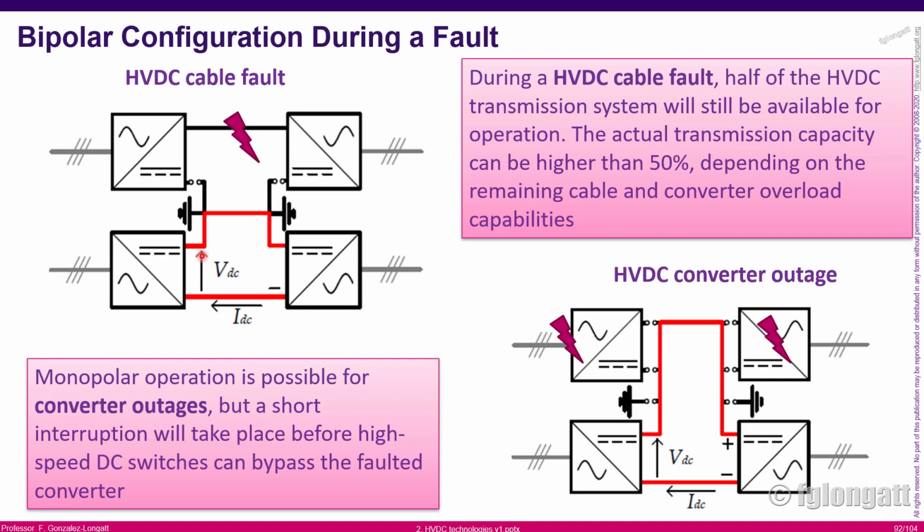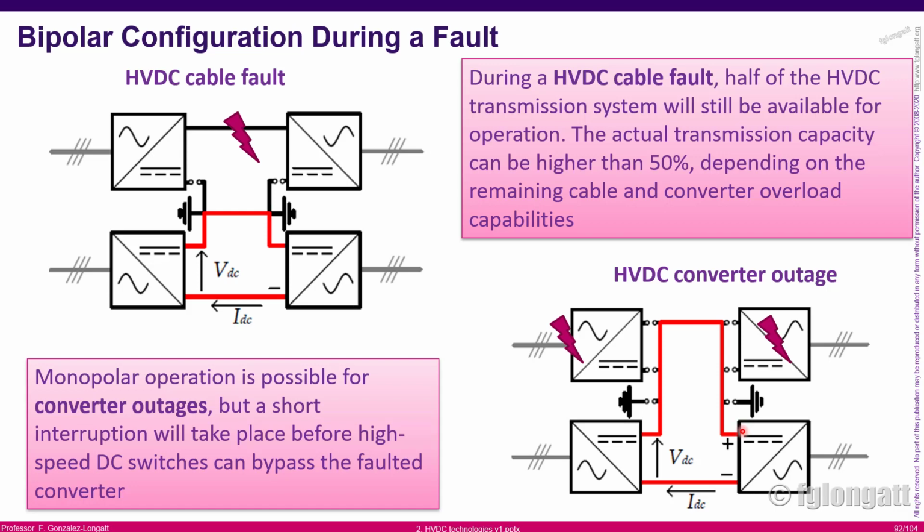On the other hand, what happens if we have a fault on a converter station? Okay, if we have a fault on a converter station for any reason, those converter stations on the top, they fault, well, we can open here the switches and we can still use those cables, okay? As you can see, the polarity here is still the same, but right now we are using the grounding point to connect with the other terminal and sending signal to the other converter, okay?